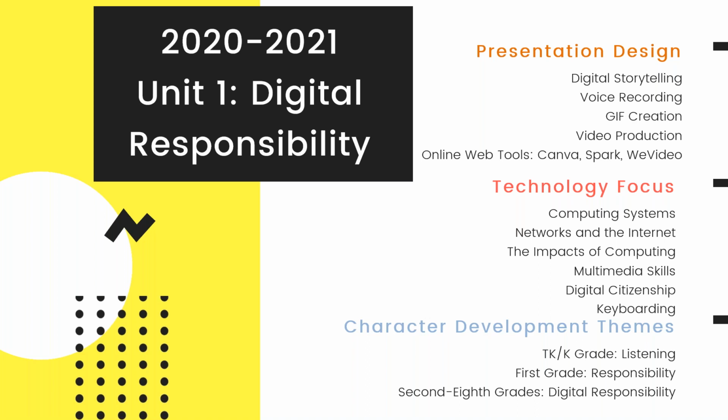And of course, this unit overtly talks about digital citizenship, right? Digital responsibility. How can we be responsible with digital information? TK and kindergarten, their theme is listening. First grade is responsibility, and 2nd through 8th grade is digital responsibility.